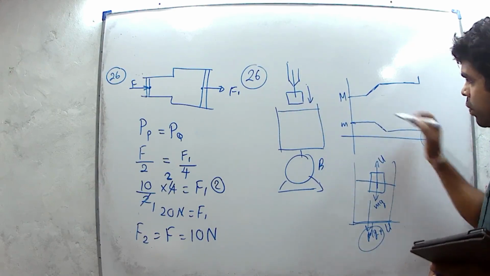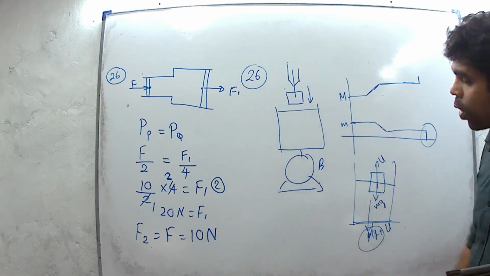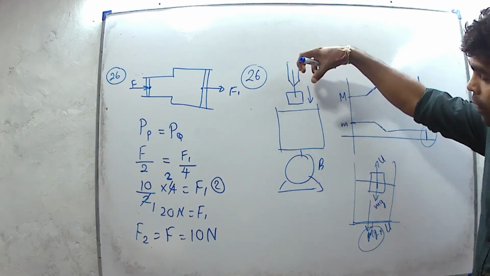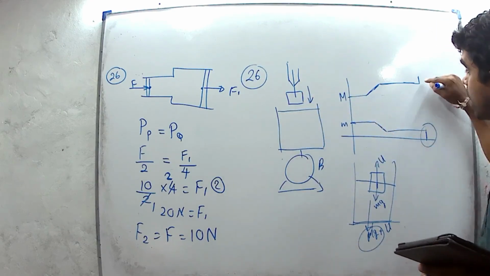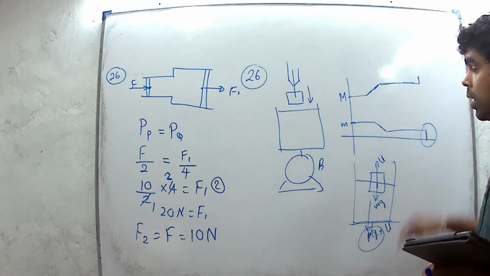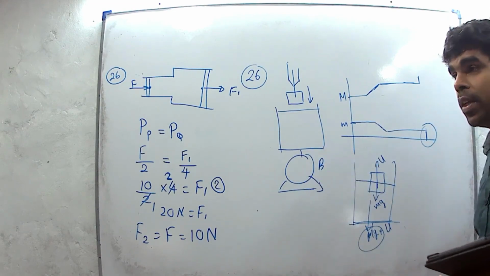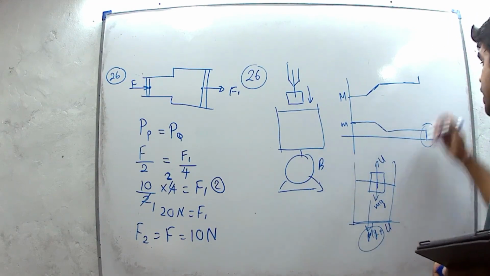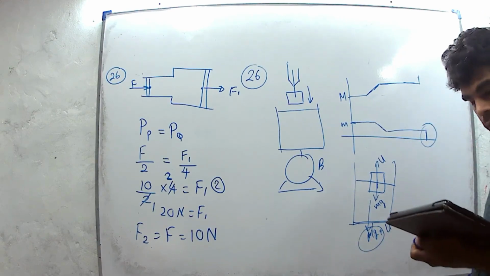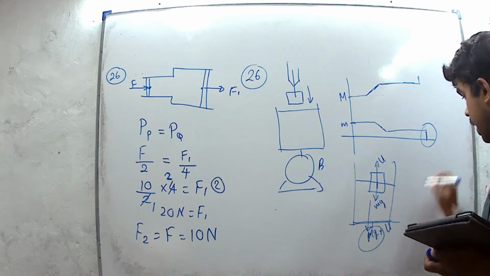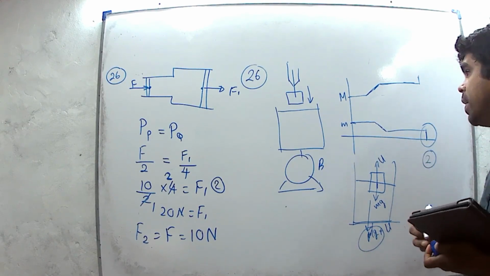When the reading of this scale is 0, the full weight of this object is acting on this system. Therefore, the mass reading of B will be increasing like this when touching the surface. Then the correct answer is 2 for question number 27.